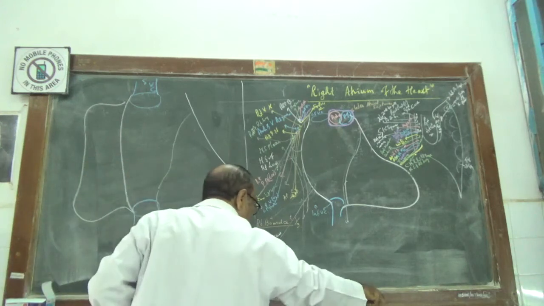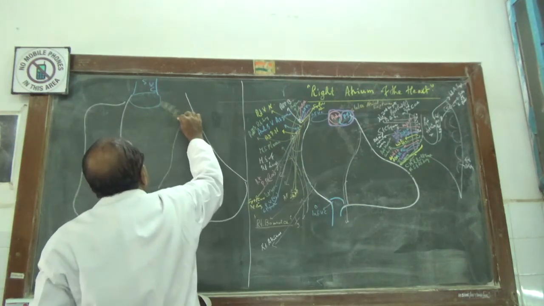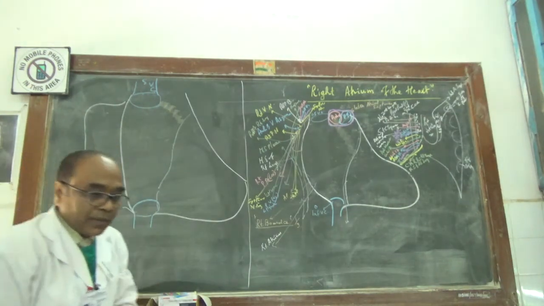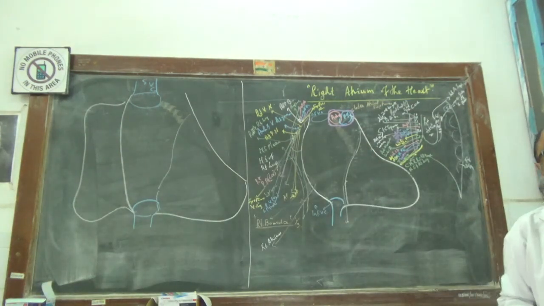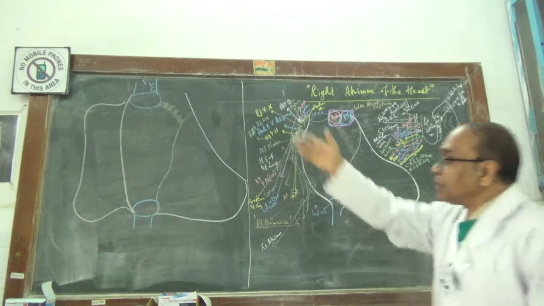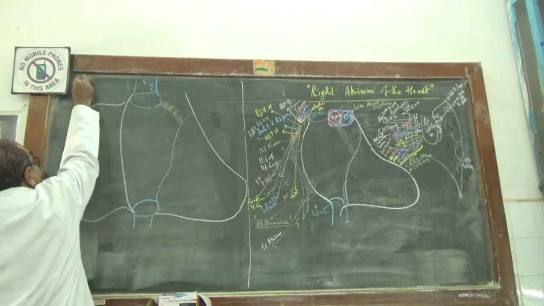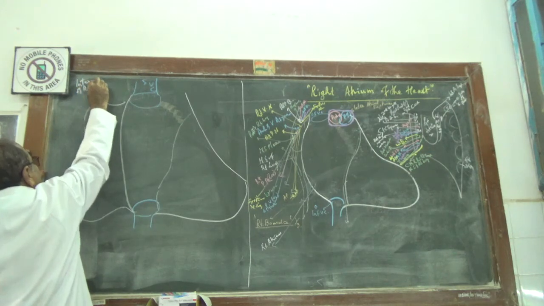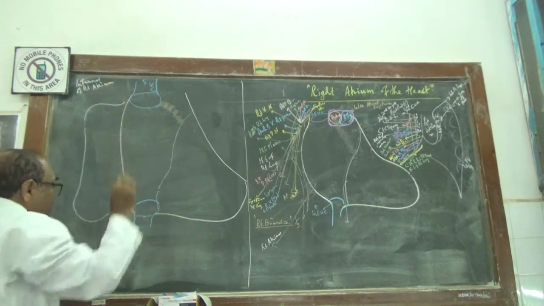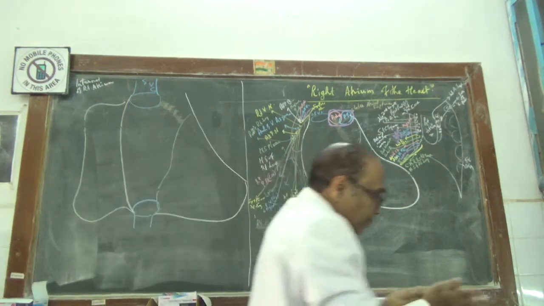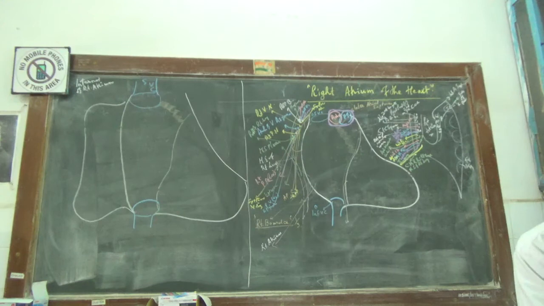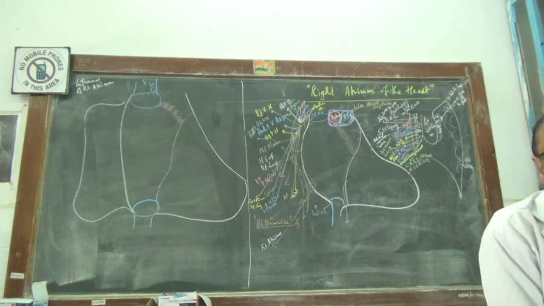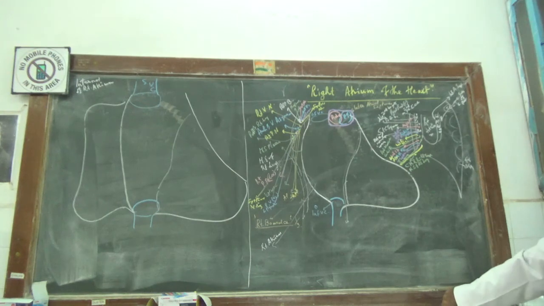Now this right atrium is almost a quadrangular chamber. This is the internal wall. The internal of the right atrium shows an almost quadrilateral chamber, just like a rectangle placed vertically.